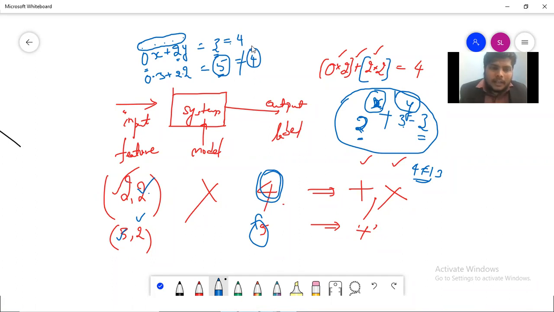Now you might be wondering that if you are able to create this many equations or systems which might satisfy your input and output, how will you come to a conclusion that addition of 2 and 2 will produce 4, addition of 3 and 2 will produce 5? Is it going to be very difficult for a system to figure out relations between input such that I'll be getting the proper output?